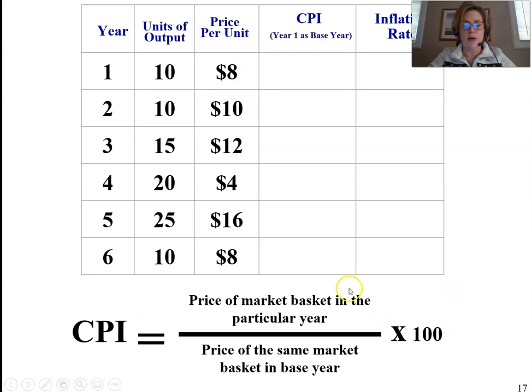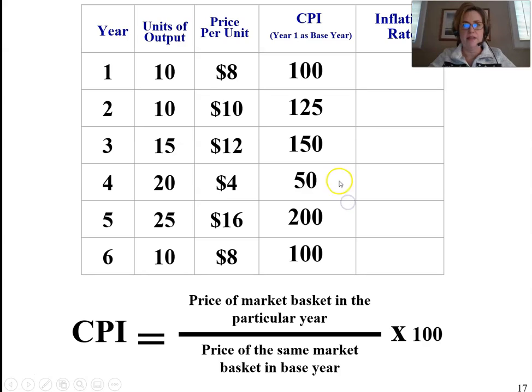So here's the formula. Remember that year one is always your base. So you're going to compare 10 divided by 8 times 100. So we know our base year is always 100. Year two would be 125. For year three, you're comparing 12 divided by 8, because again, year one is the base year, and that would give you 150, and so on.